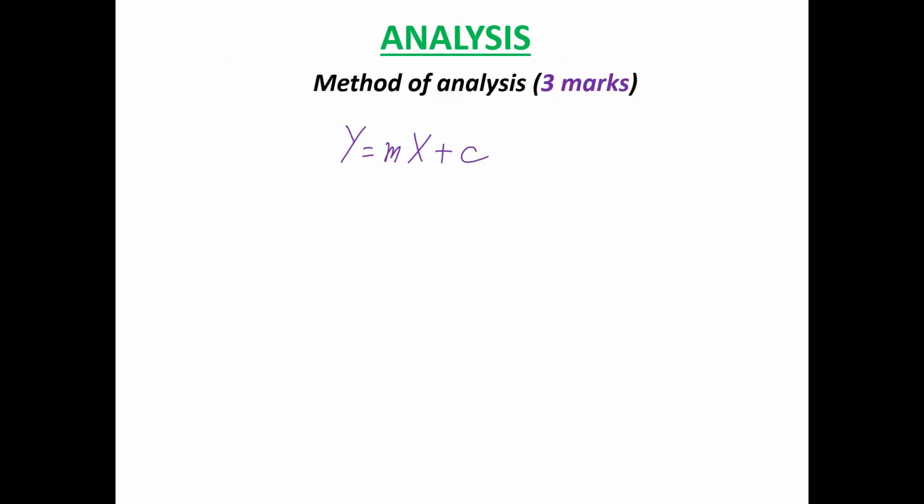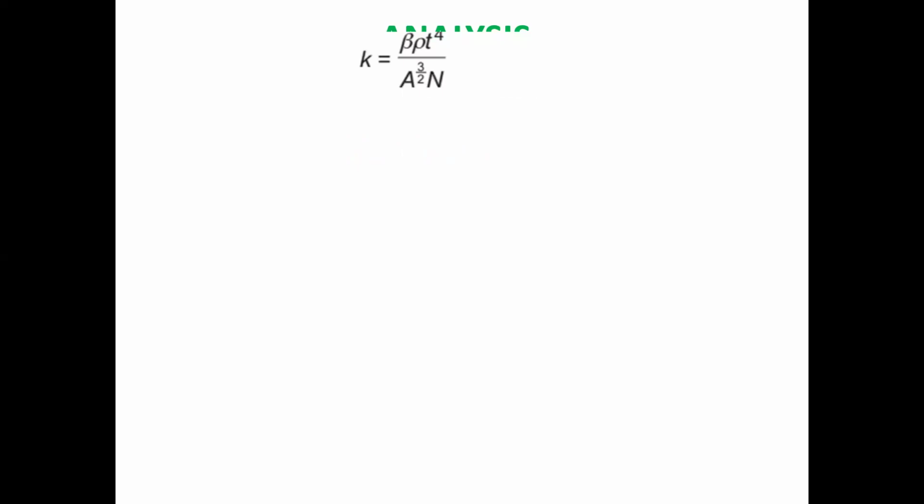Now, analysis. What is analysis? Analysis is basically the type of derivation. So give the heading analysis. Now, this is the equation. I know that I have to bring K on Y axis because it is the dependent variable.